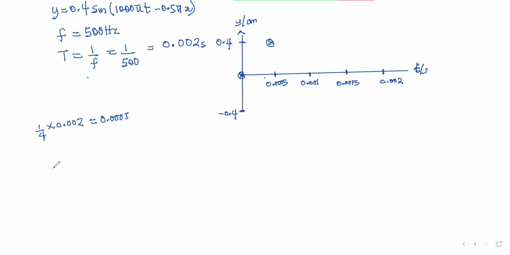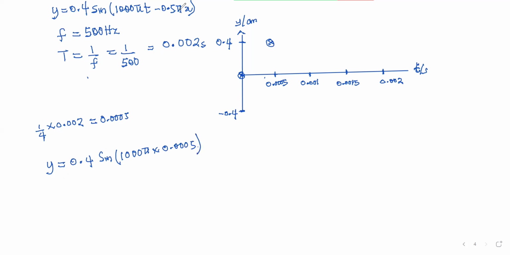For the sake of understanding, let's do it so you can see. y is equal to 0.4 times the sine of 1,000π times the time, which is 0.0005.